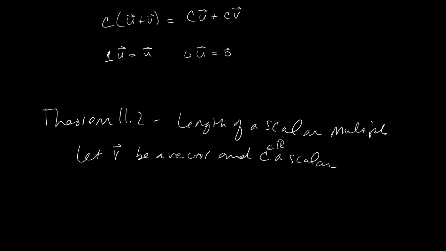Then the magnitude of c times vector v is equal to the absolute value of c times the magnitude of vector v.